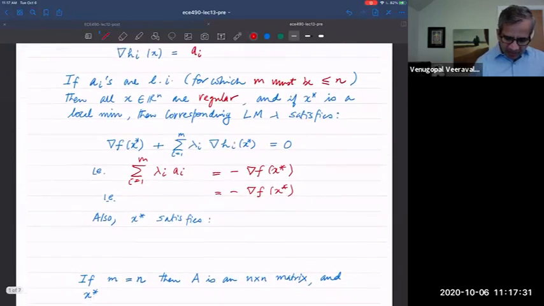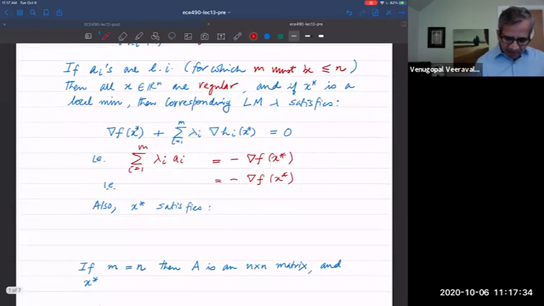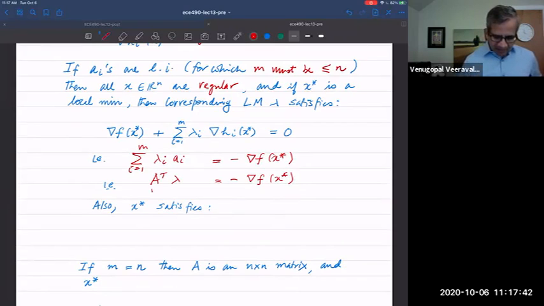So you do get the lambda_i a_i's summed up, right? So that's why this is A transpose times lambda. And the dimensions also work out, because this is an n by m, this is an m by 1, this is an n by 1.